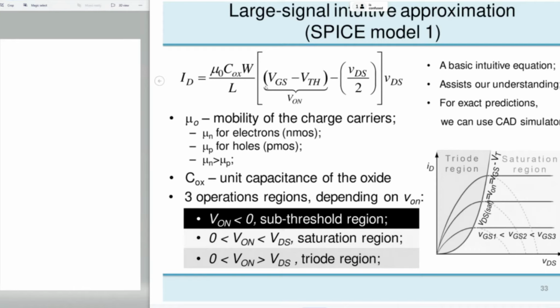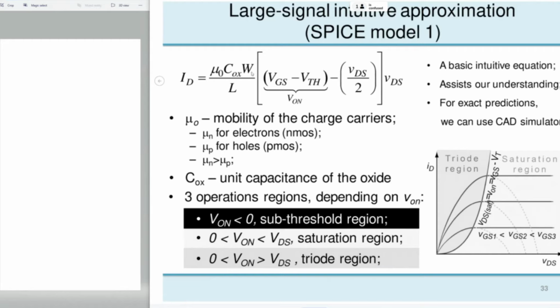So what we have in this triode region equation gives the dependence of the drain current with respect to the input of the transistor, which is the gate source voltage, and the output voltage, the drain source voltage. So gate source voltage and drain source voltage.